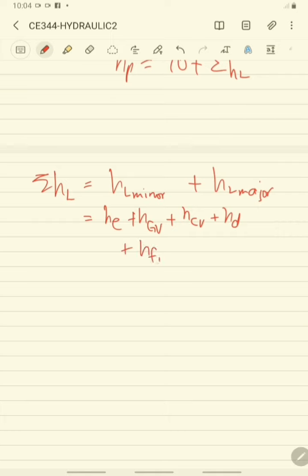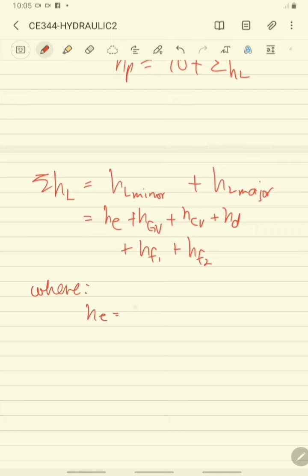You have head loss of pipe 1 plus head loss of pipe 2.